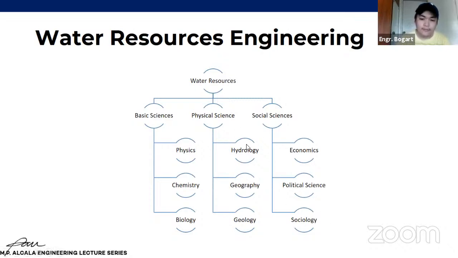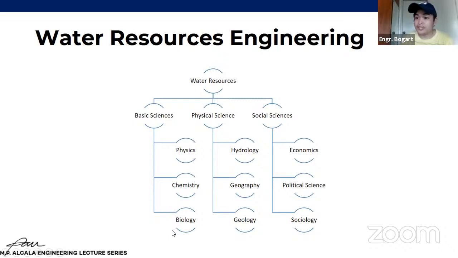Okay? And talking also about geography, maps creation, study of places, right? And geology, study of rocks and its properties, or study of the earth. And for social sciences, we deal with economics, political science, and sociology. All of these are parts of the complex study of water resource engineering. Why physics? Because you have computation.